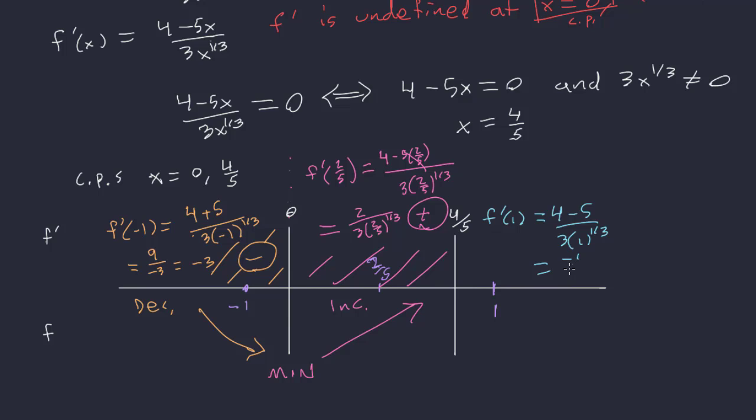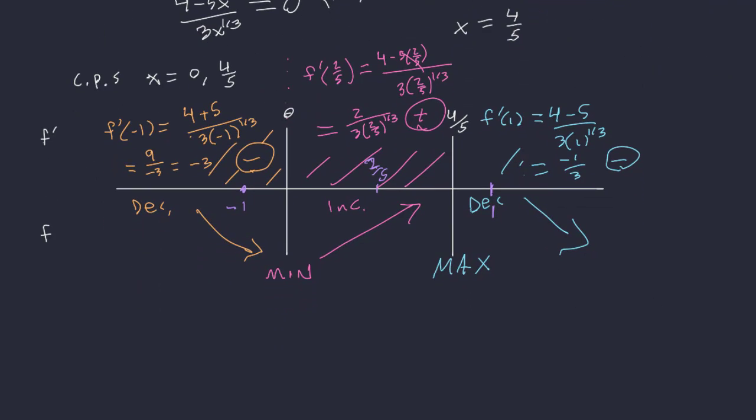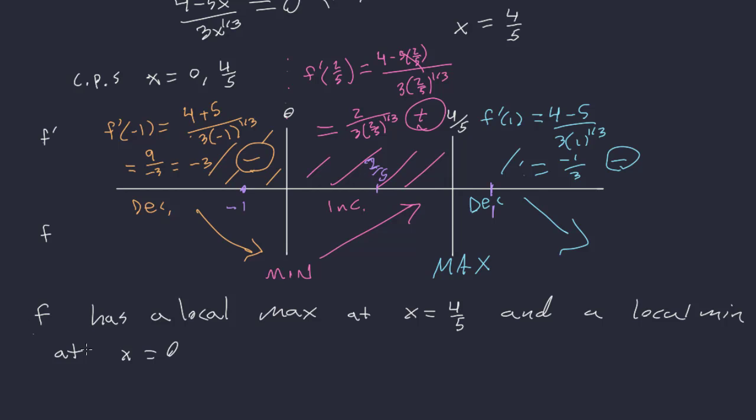So this is going to be -1 over 3, which is negative, so the function's decreasing in this region. So we're going from increasing to decreasing, so that means we have a maximum. All right, so f has a local max at 4/5 and a local min at 0.